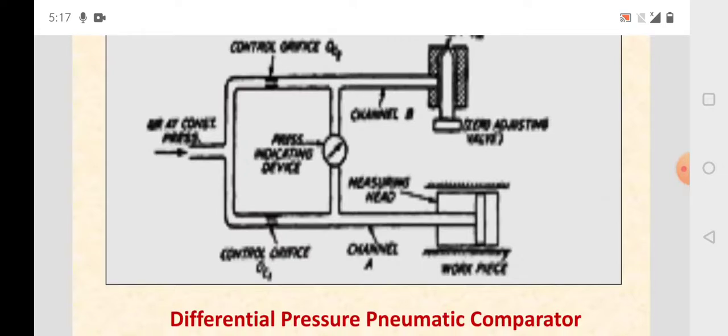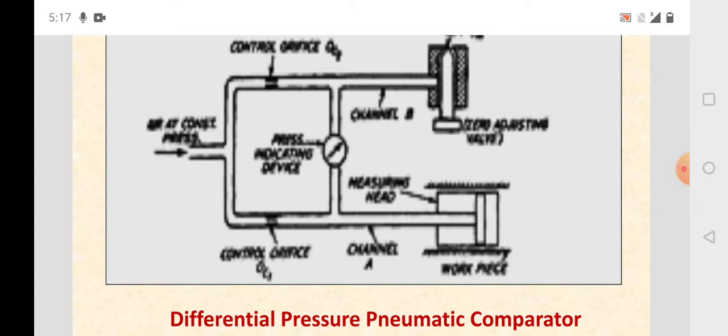Air is supplied from both these pipelines, and the gauging head is inserted in the basic size, meaning the standard size workpiece. The airflow from both these ends is adjusted to 0 with the help of this arrangement, and any difference in airflow between the two sides, meaning any variation between the workpiece and the standard workpiece, can be easily indicated by this dial indicator.